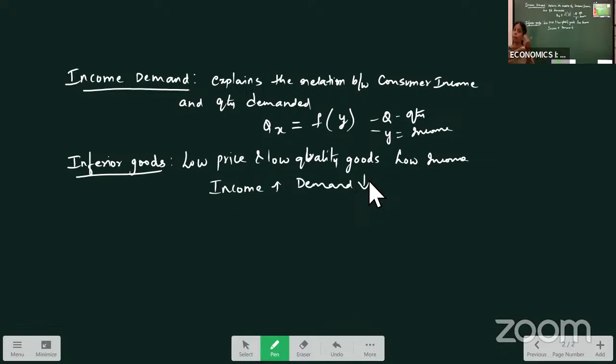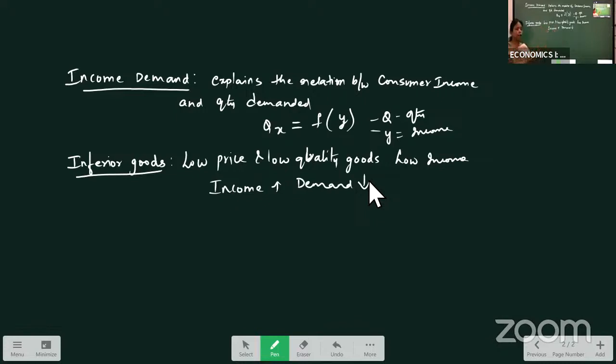You may go for a branded watch, right? As your income levels increase, your purchasing power increases. You don't want to purchase low priced or low quality items. You want to buy the high price or best quality product. So in that case, what will happen? When income increases, demand decreases.